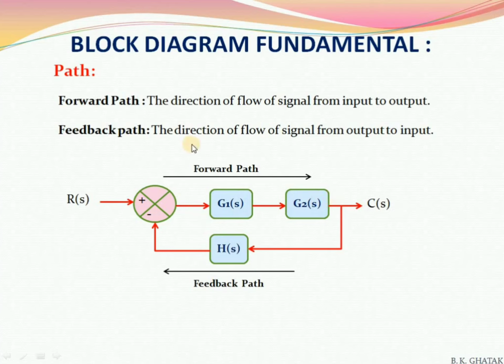And the feedback path is the direction of flow of signal from output to input. So here output is fed through a block known as H(s), that is known as feedback transfer block, to the summing point. Clear? So this path is known as feedback path. So path is two types, one is forward path and another is reverse path or feedback path.